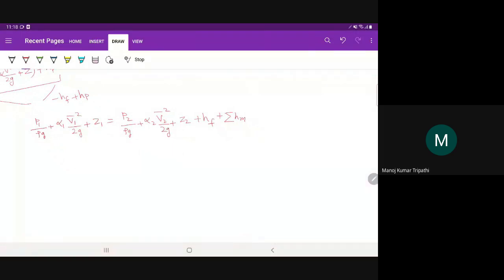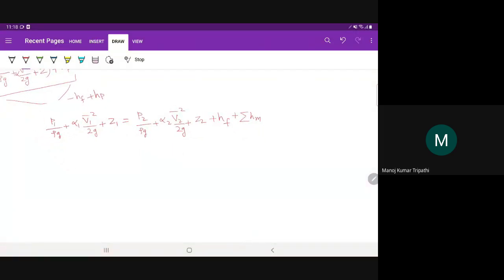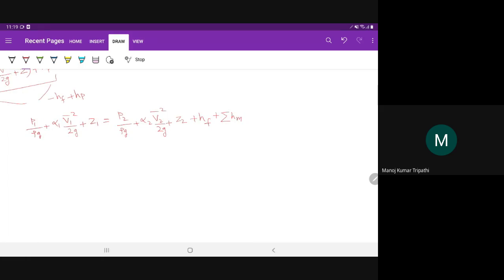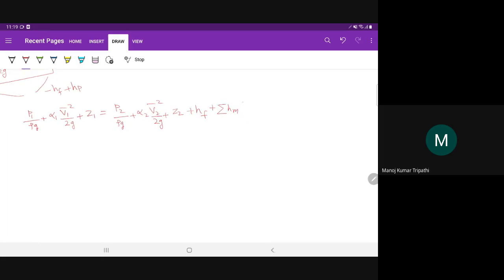Okay, if you see this, because HF and HM, these are the losses and we are writing them on the right hand side. So of course, because H pump has an opposite effect, it must be on the other side. So if you take it to the right hand side itself, then you have to write minus H pump.